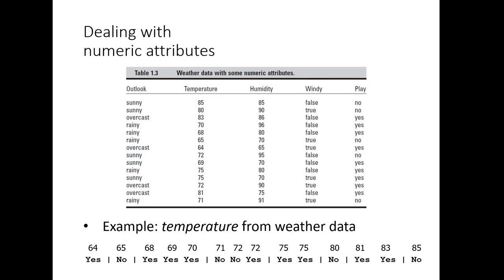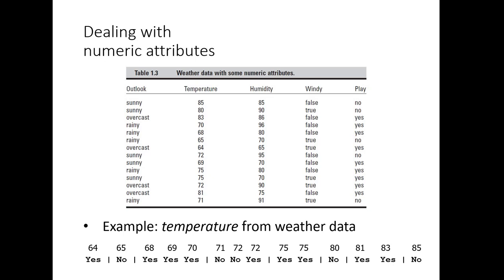Now here is a new data set, a mixed data set. You can observe it's the same data set, but for temperature and humidity, now we have numerical values. I will show you how we do this for temperature. For temperature, we will sort the values. The lowest temperature is 64 if you go through this. The highest temperature value is 85.